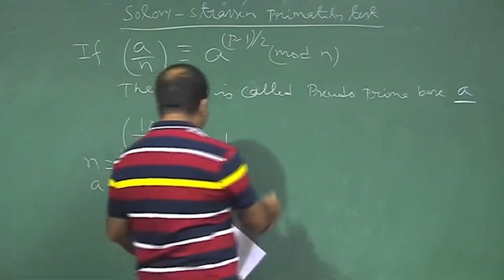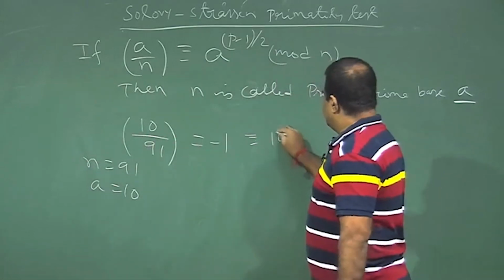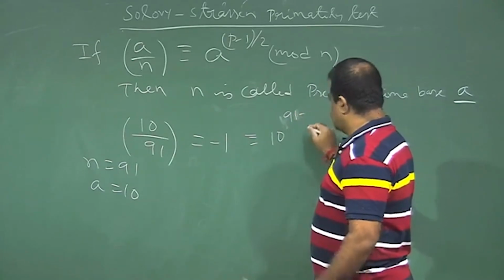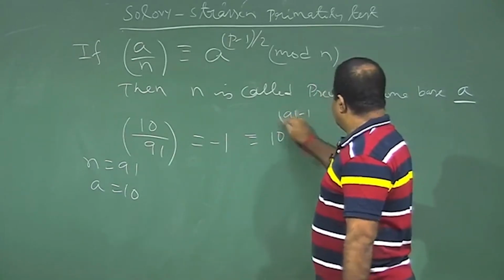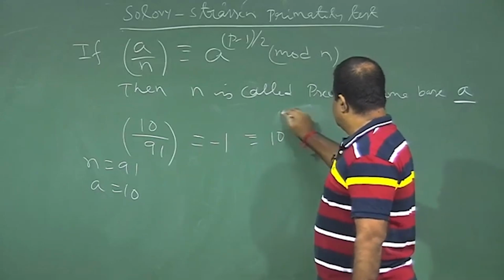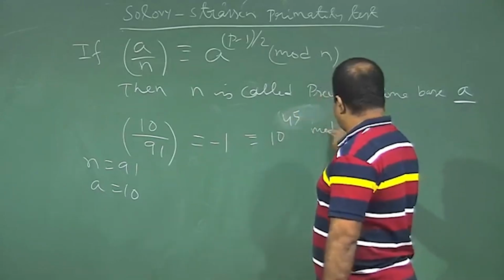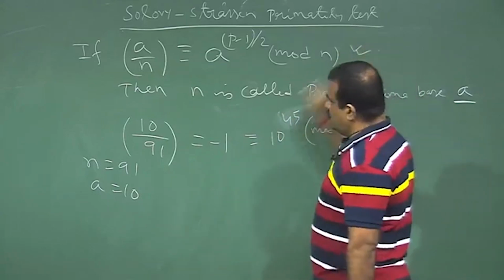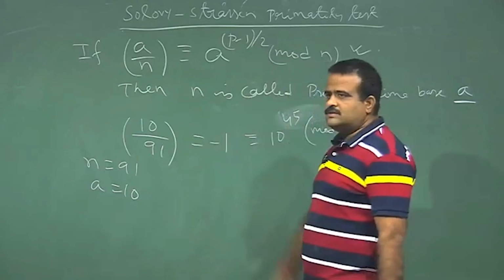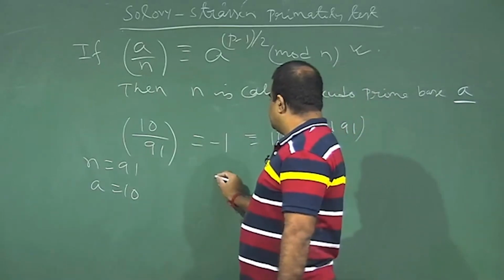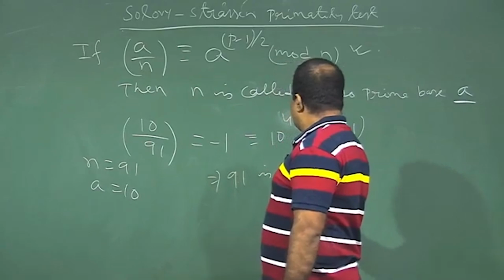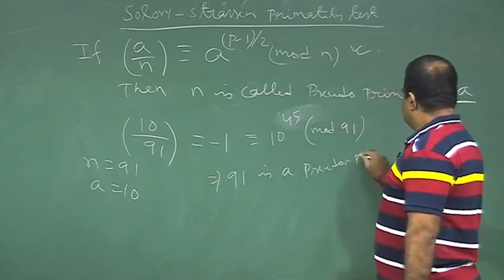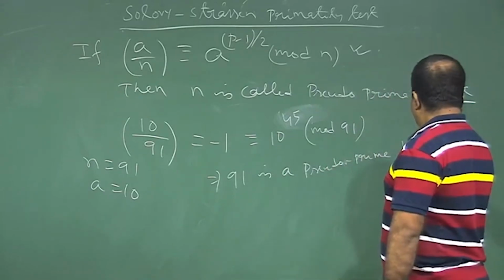And if we calculate 10 to the power (91 minus 1) by 2, which is 45, so 10 to the 45 mod 91, this can also be verified, this is minus 1. So, this result is true for a equal to 10. Although 91 is not a prime, this implies 91 is a pseudo prime base 10.